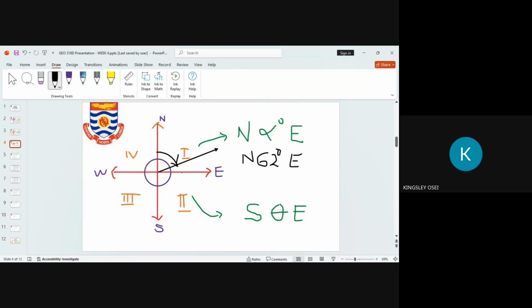What is the interpretation? From the north, then clockwise, move an angle of 62 degrees to meet the line. And therefore the bearing is north, heading towards the east, an angle of 62 degrees must be captured or measured. That is that.